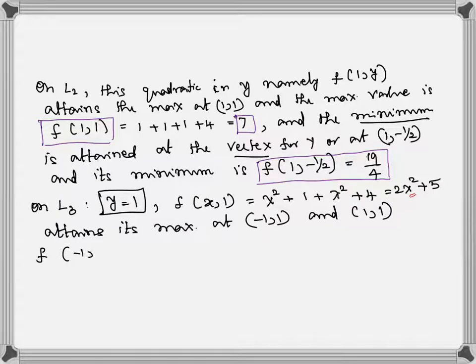So f(-1, 1) and f(1, 1) are both equal to 7, by plugging in (-1) squared or 1 squared. What about the minimum?